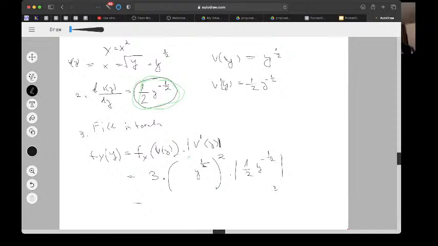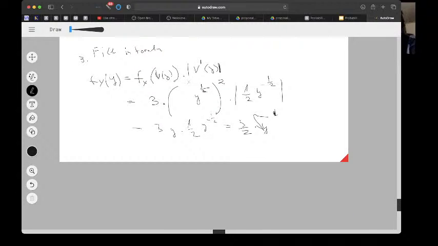And this will be 3 times y times 1/2 y minus half, which is 3 divided by 2 times y square root, or 1/2. And the fourth step is finding the support.